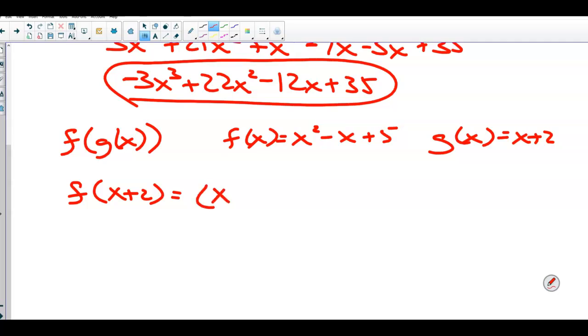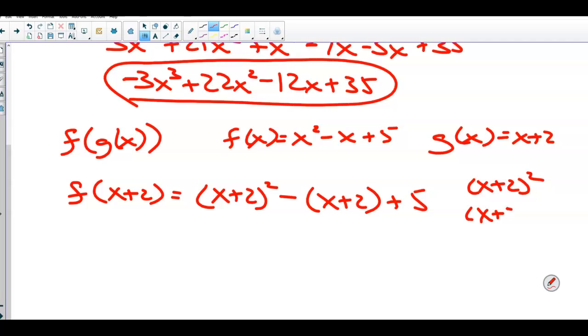So we get x plus 2 squared minus x plus 2, and we always plug it in parentheses. The x plus 2 squared, sometimes it's not a bad idea to do it off to the side, but it is imperative that it gets FOILed out. x squared plus 2x plus 2x plus 4. Any parentheses squared like that with an addition or subtraction has to be FOILed out.